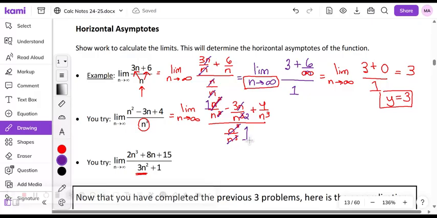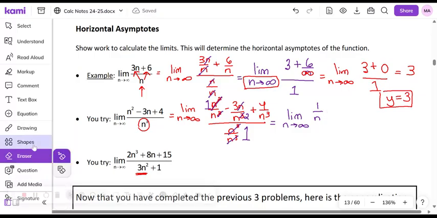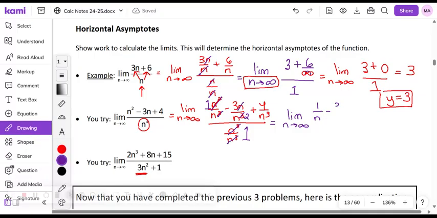I'm going to do a little rewrite just so we can clean this up a little bit. So we have 1 over n minus 3 over n squared plus 4 over n cubed. And that's all divided by 1, which we all know we don't need that there.